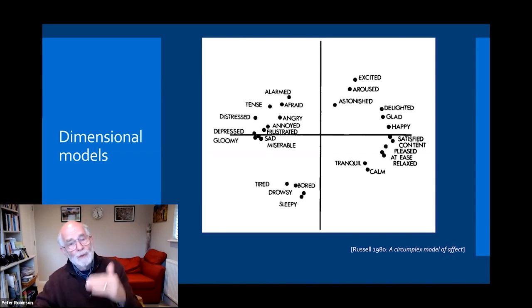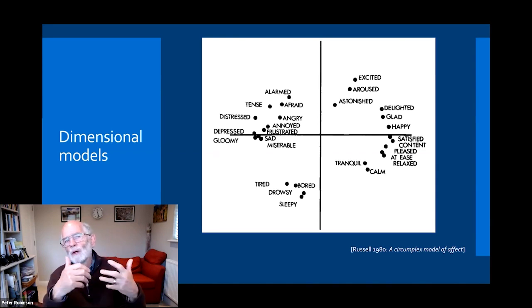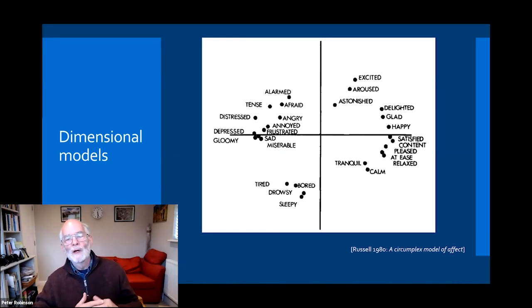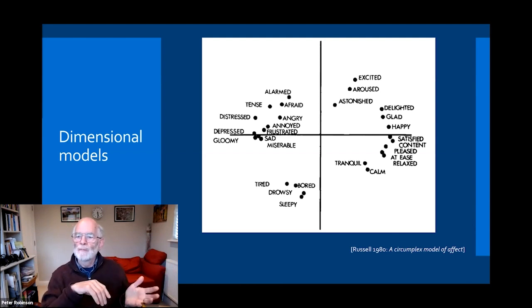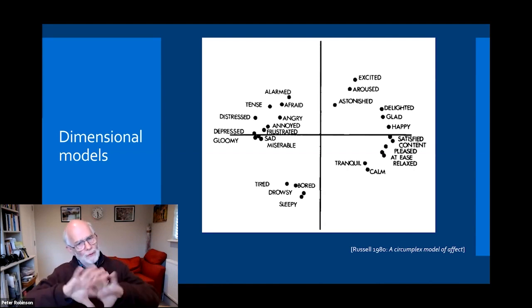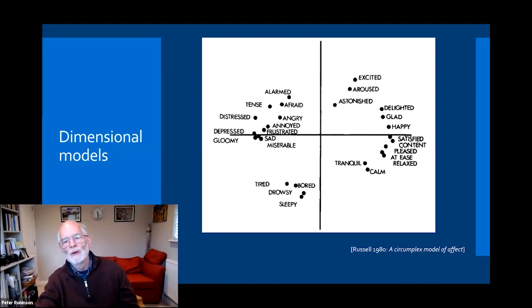And there's a vertical axis that's appeared, which is activation, from passive at the bottom, sleepy, bored, up to active at the top, alarmed, excited. And of course, you can be negative and active, that's something like alarmed, and you can be positive and active, that's something like excited, and so on. So this sort of spreads the emotions out around a two-dimensional plane.